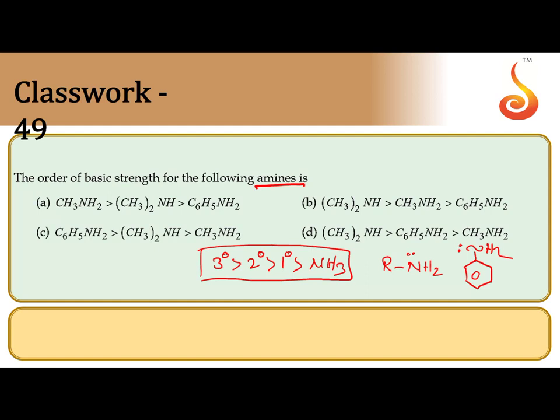So availability of the lone pair at nitrogen is less in aniline. That's why aniline is less basic. So among all these four options, in which option aniline is at the bottom? A and B. So in between A and B, which is correct answer. In the case of B, dimethylamine, methylamine. So 2 degree, 1 degree, after that phenylamine. B is the correct answer.